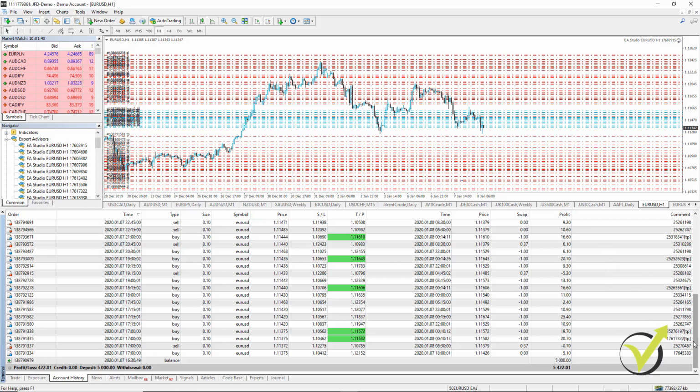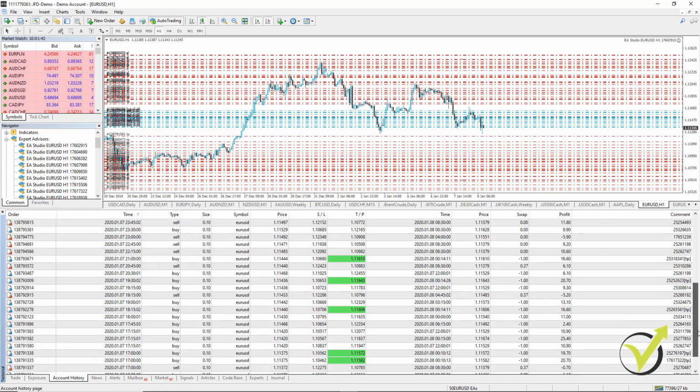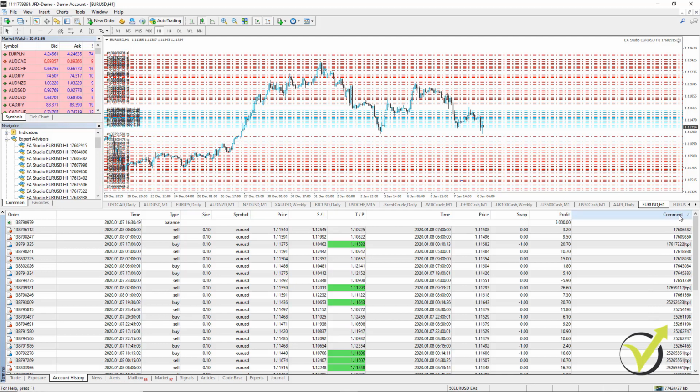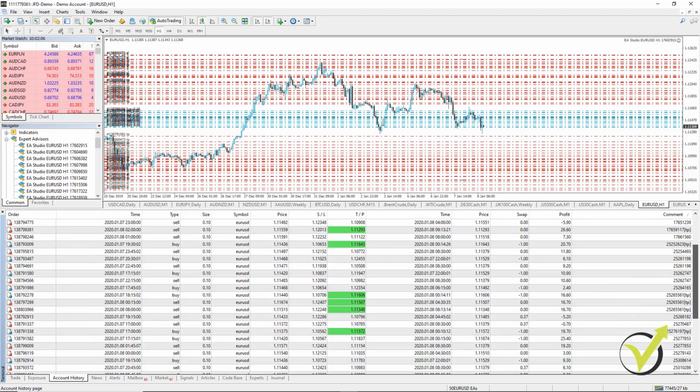Now, having the account history when we trade with expert advisors is really a headache to follow the results. On the right side you see the comment, which is the section where we see the magic numbers, but even if I arrange it according to the magic numbers, it's hard to see which strategies are profitable, which ones are losing, and which are the most profitable.